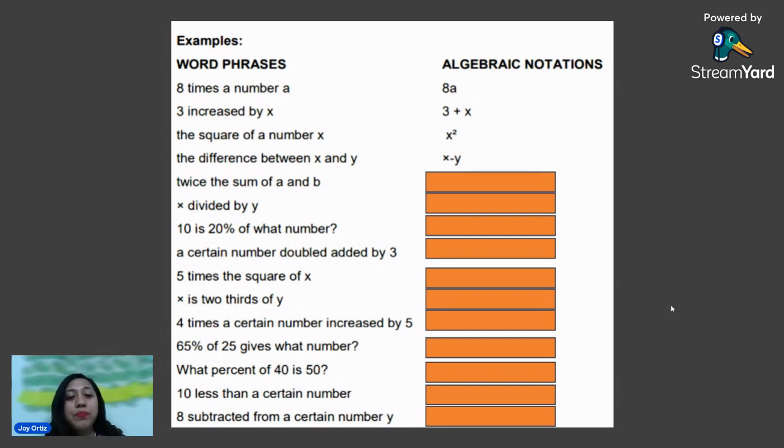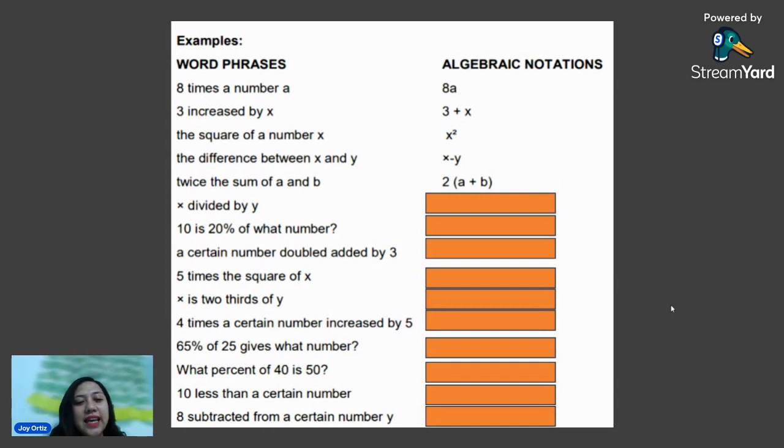Twice the sum of A and B. That is the algebraic notation: 2 times the quantity of A plus B, because sum of A and B. So that would be the algebraic notation.